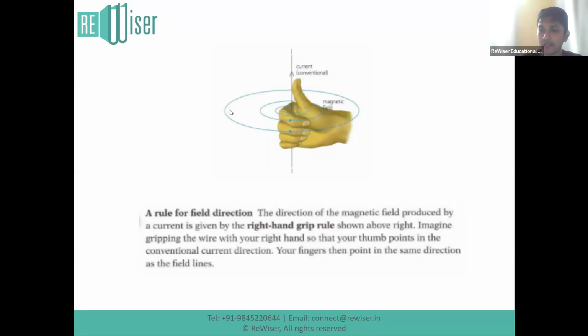I'll give you the context to the rule and then explain the rule. The right hand grip rule is used in a very, very simple context. It is used to find the direction of magnetic field produced by a current carrying wire.